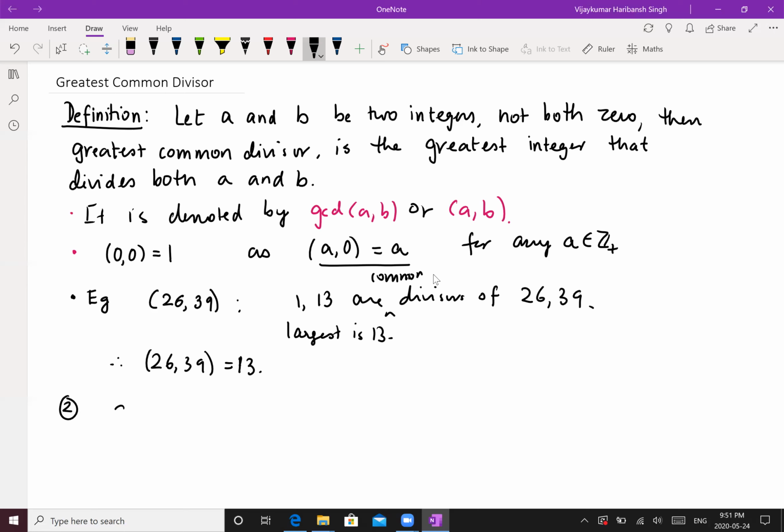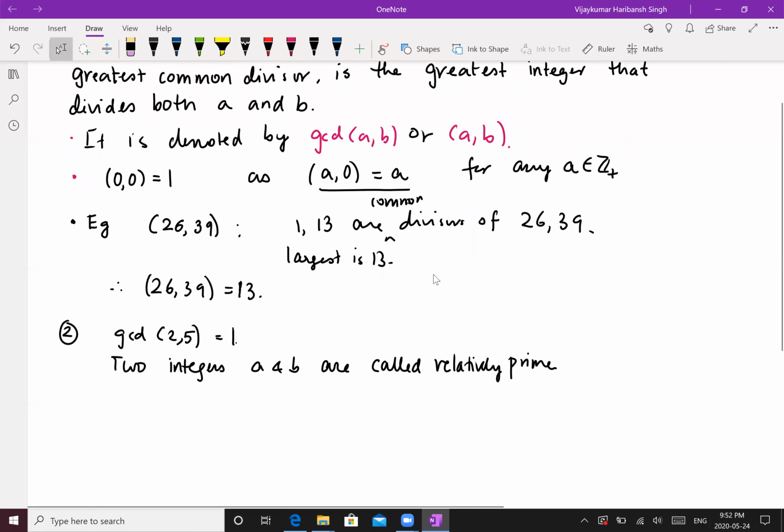Example 2: GCD of 2 and 5 is 1. We call two integers A and B relatively prime, or coprime, if GCD of A and B is 1.